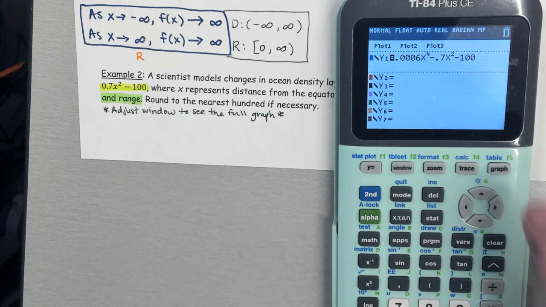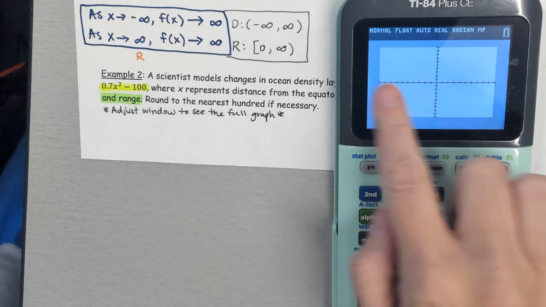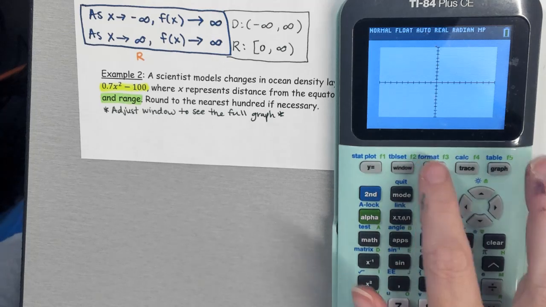Okay, so if you graph in your standard window, you can't see it. So one thing you can do is you can play with the window yourself. What point do you know is on your graph? Because of the equation. Yeah, negative 100, right? So we're at least going to have to go down to negative 100. Okay, and then you can't see anything here, so you could adjust that.